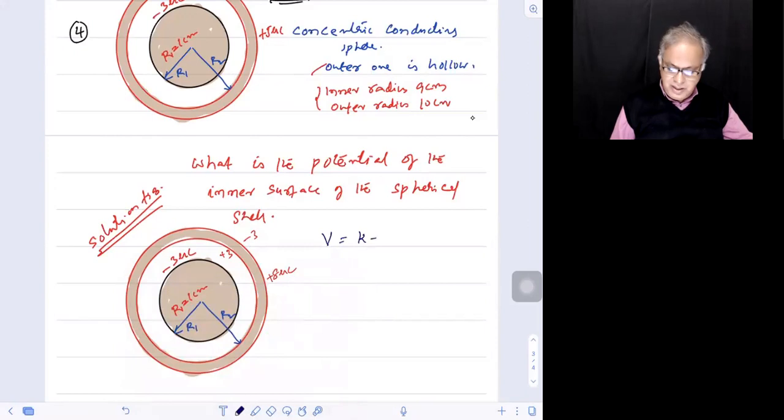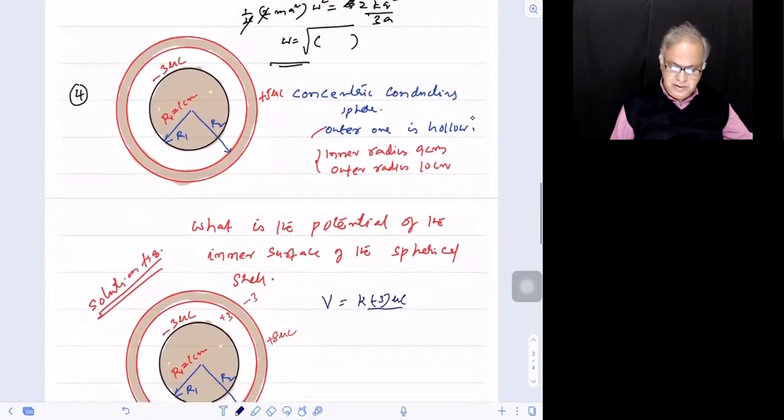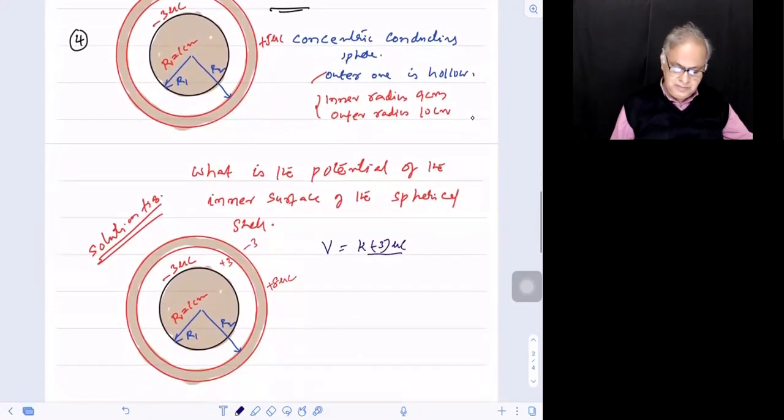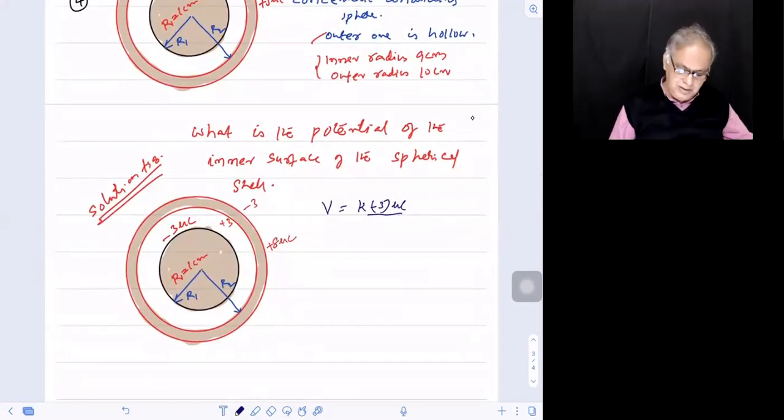K into -3 microcoulombs by... how much is this distance from the center of the sphere to the inner shell? Look at the radii. The inner radius is 9 centimeters. From the center of the sphere, it will be 9 only.